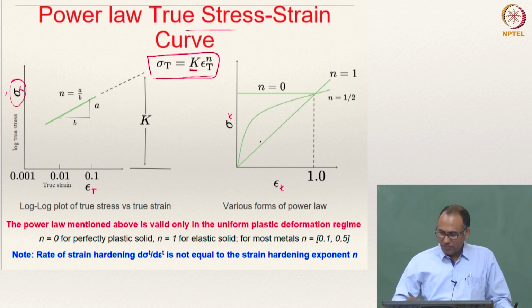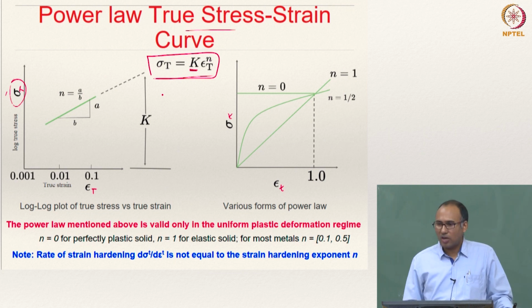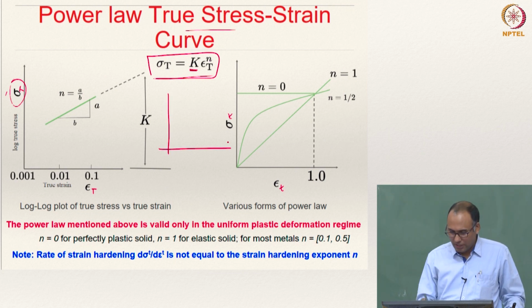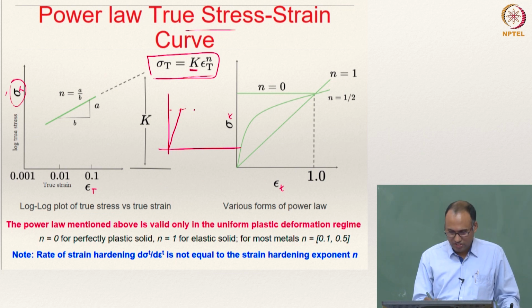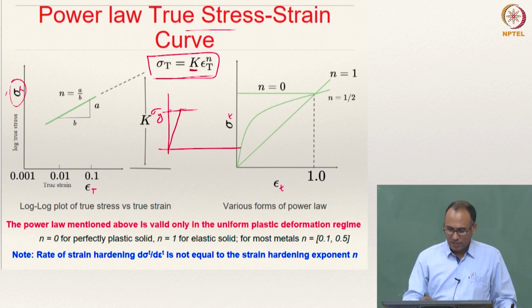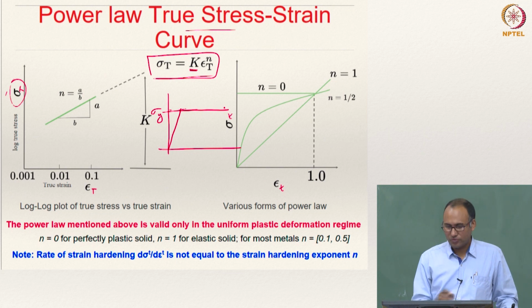So, if n equal to 1, then it is called linear hardening. So, you will have a material, this is your linear elastic regime. So, let us say this is your yield strength sigma y. From here onwards, you can have no hardening at all.